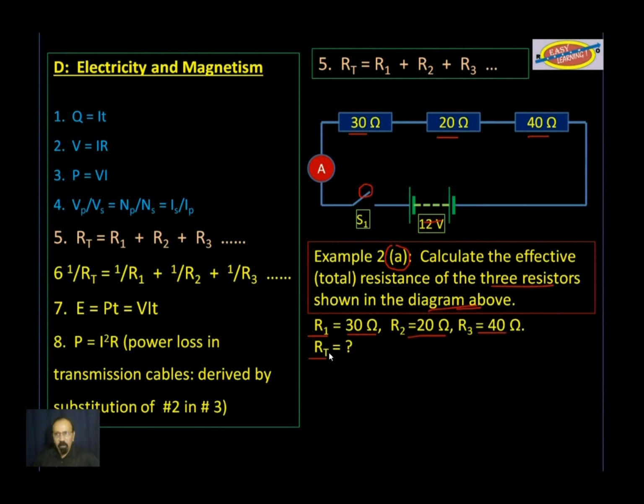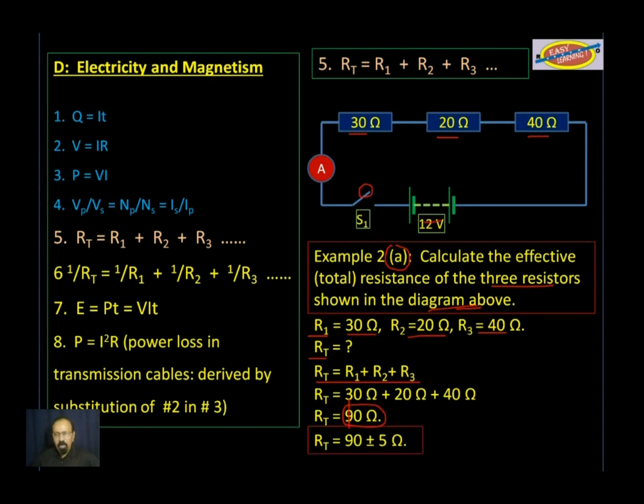We want to find R total. R total is equal to R1 plus R2 plus R3. So we simply add them and we get 90 ohms. If we want to show our margin of error, since this is our uncertain digit, half of that position is 5, and the answer is 90 plus or minus 5 ohms. That is the total resistance of these 3 resistors up here in series.